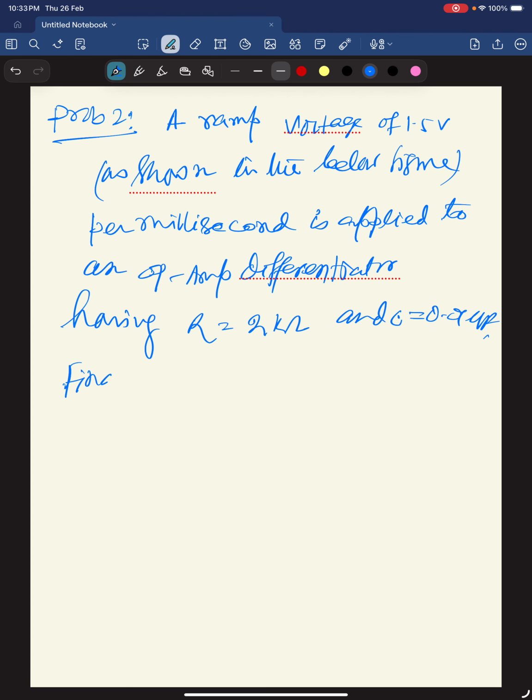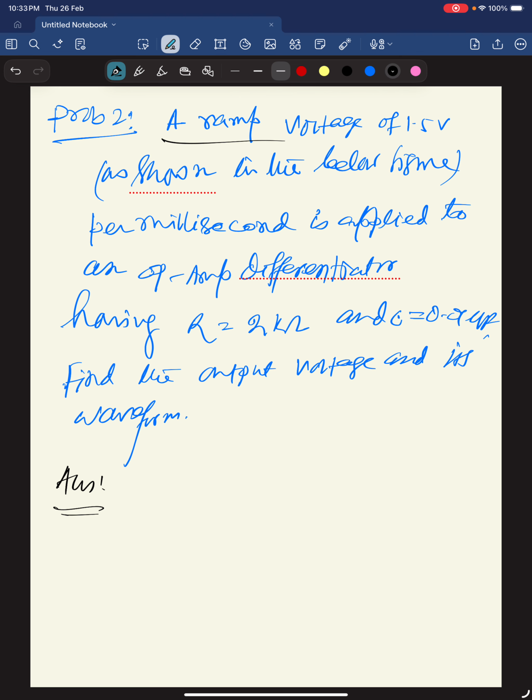Find the output voltage and its waveform.